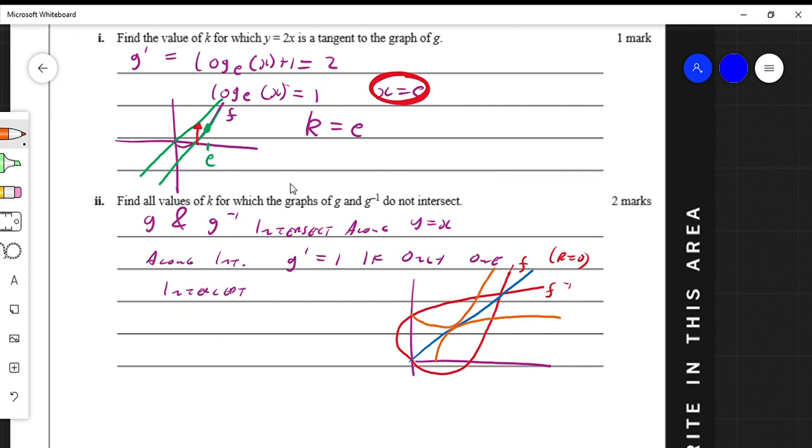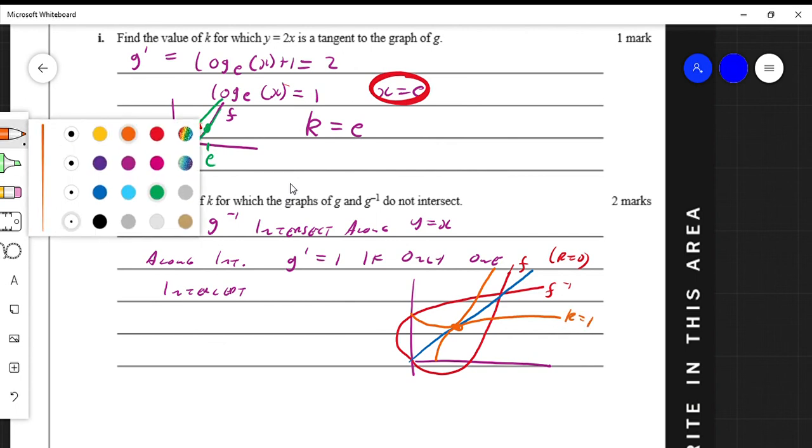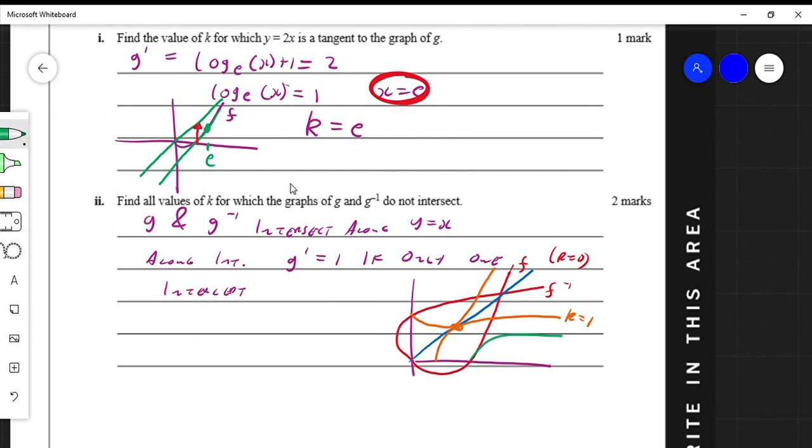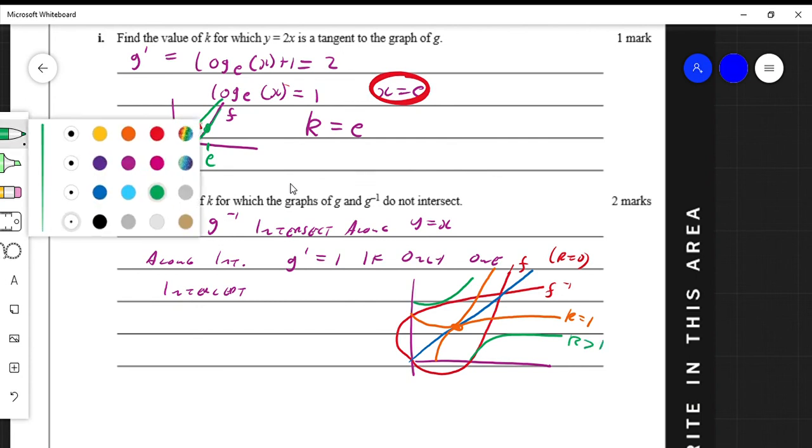So you can see that here they intercept only once, and then for every higher value of k, it would just be like you're shifting them this way, and so they wouldn't touch at all. So this is k greater than 1. I've drawn it out like this so you can see that the answer is going to be k bigger than 1.